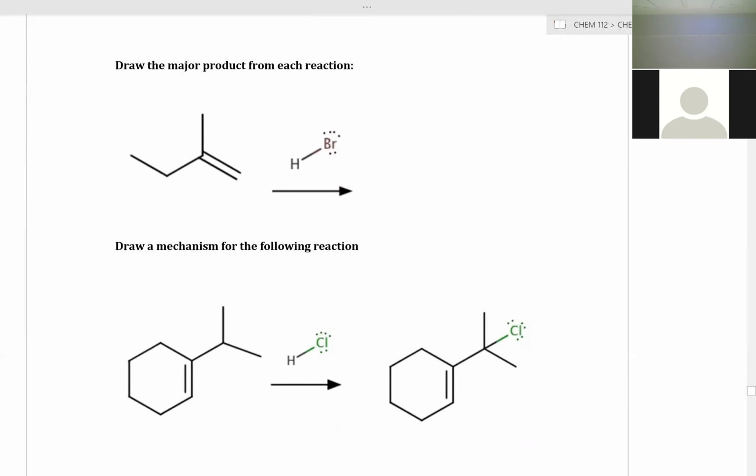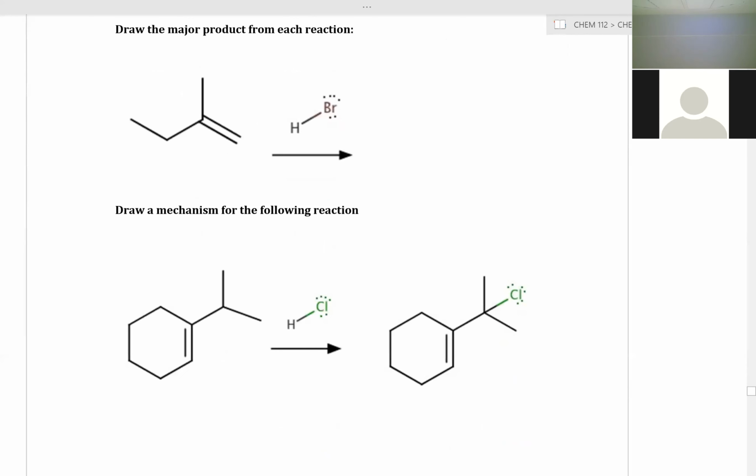So now that we've had a chance for revision, let's attempt these next two examples. Let's try drawing the major product for this first reaction, and let's try drawing a mechanism for this second reaction.